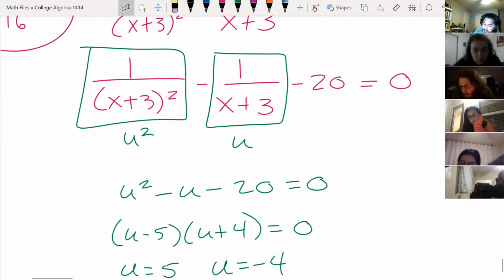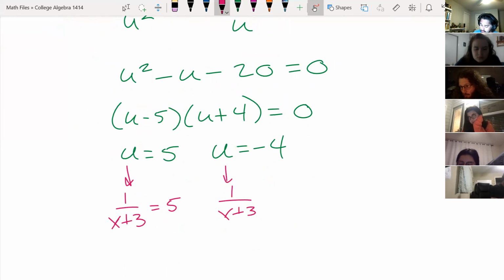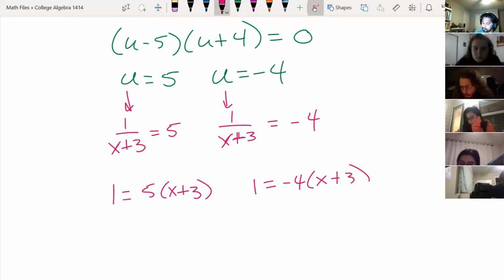And u was 1 over x plus 3, so this becomes 1 over x plus 3 equal to 5, and 1 over x plus 3 equal to negative 4. Multiply the x plus 3 to the right side, and 1 would equal 5 times x plus 3, and 1 would equal negative 4 times x plus 3.